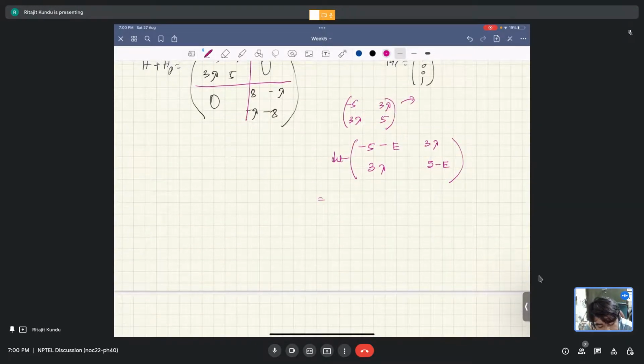This becomes minus 5 plus E, 5 minus E, minus 9 lambda square.